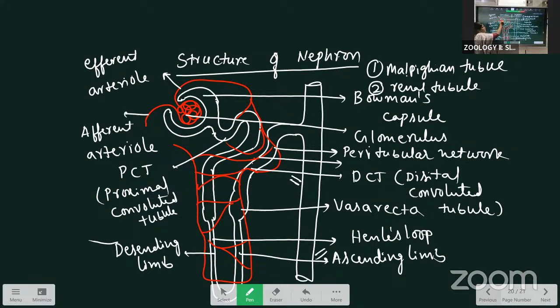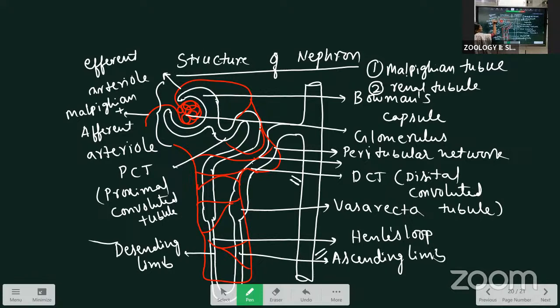See this one. Here it is a glomerulus. Now in this I will show. This total part is called the Malpighian tubule.